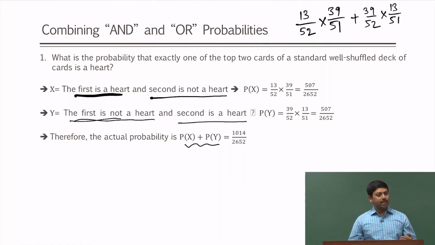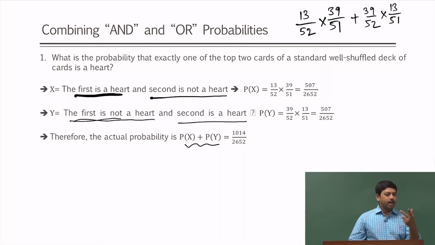We can also do it using a not probability. What is a not probability? I want exactly one out of the two cards to be a heart. So, I can ask what is the probability that I get either both of them as hearts or none of them as hearts. If I subtract these two probabilities, then I will get exactly one of them as a heart.